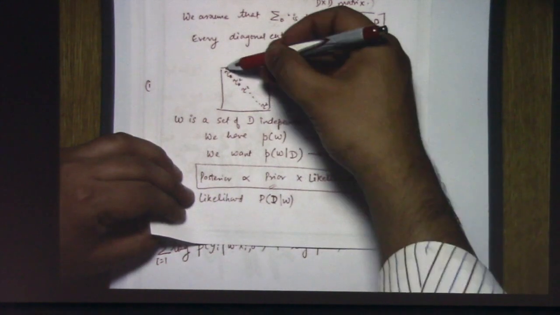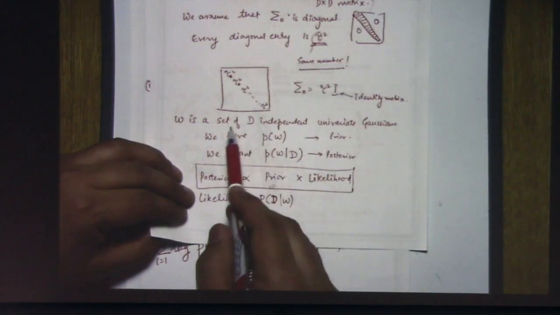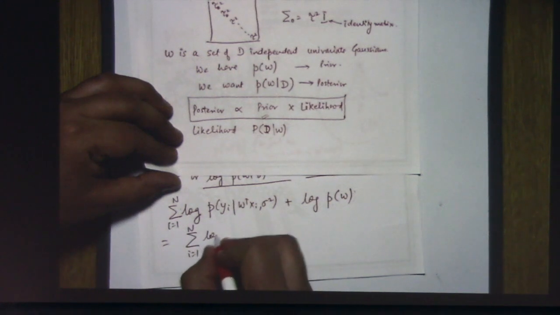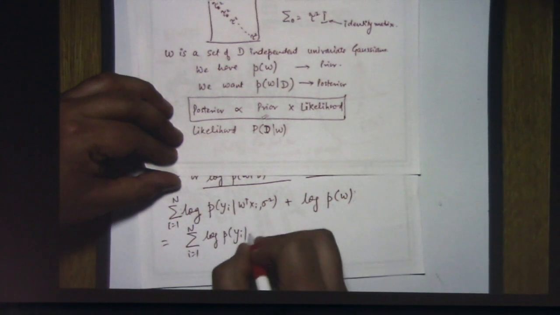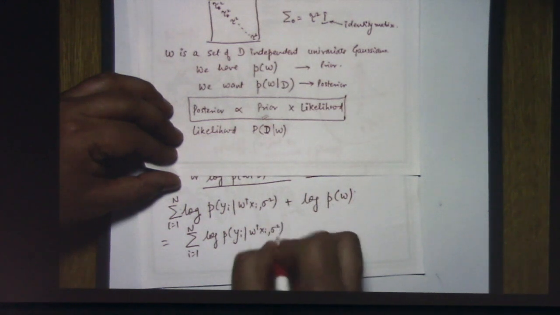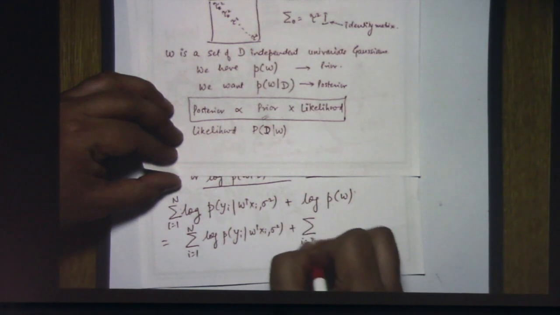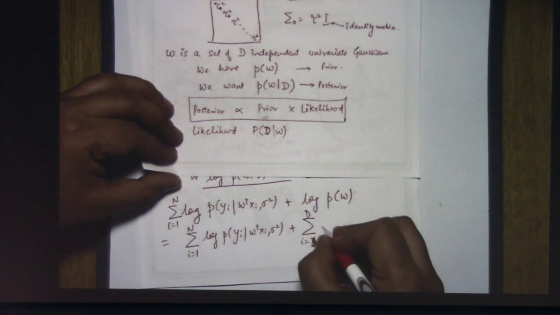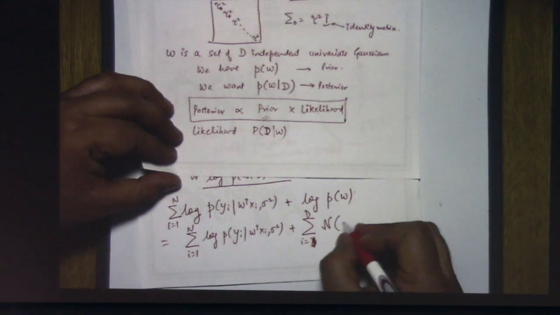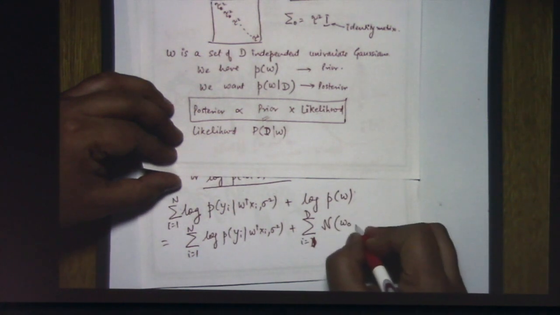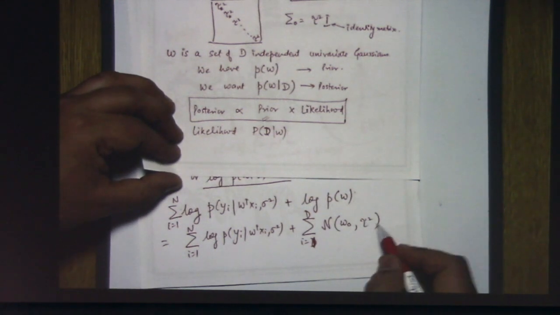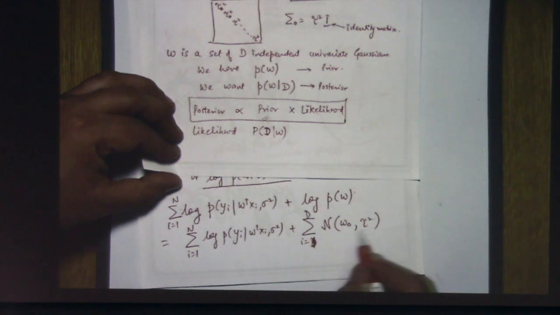Which essentially means that it is a collection of D independent univariate Gaussians. So this part still stays the same, and you can write the prior as a product from 1 through D of a normal distribution centered at some W0 with variance tau square, because each one of these D variables is exactly the same.